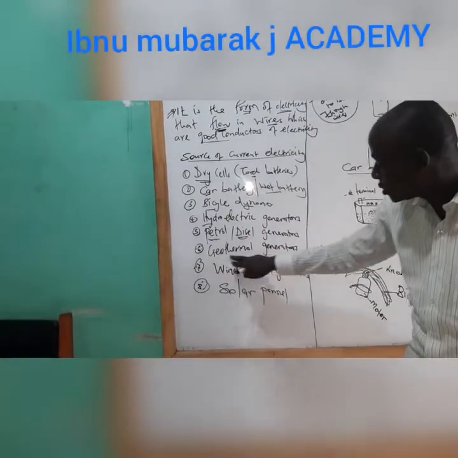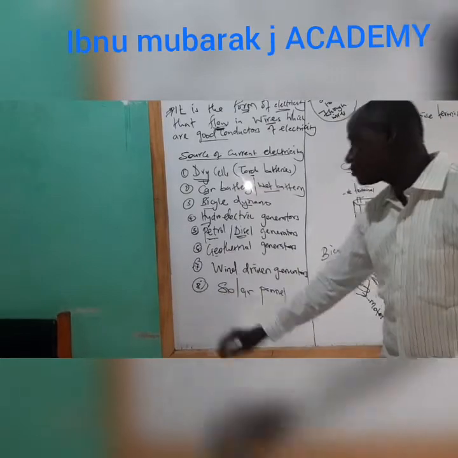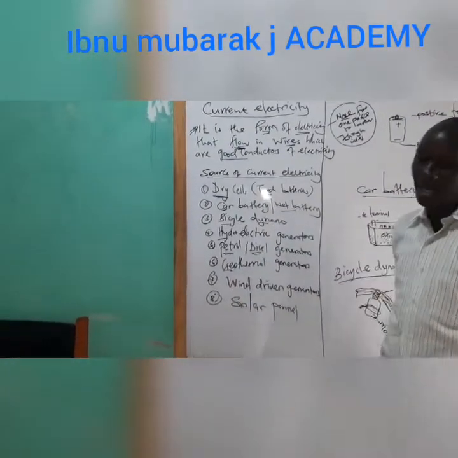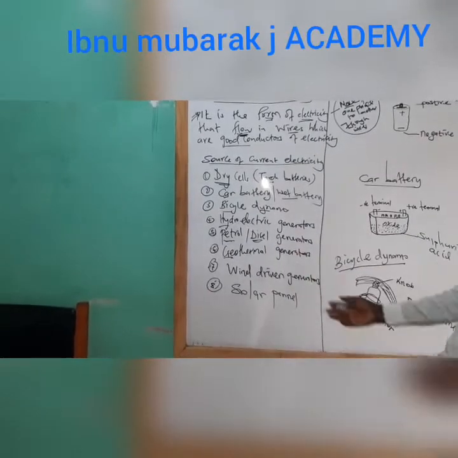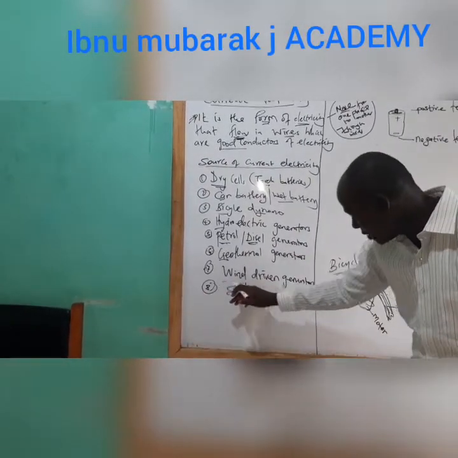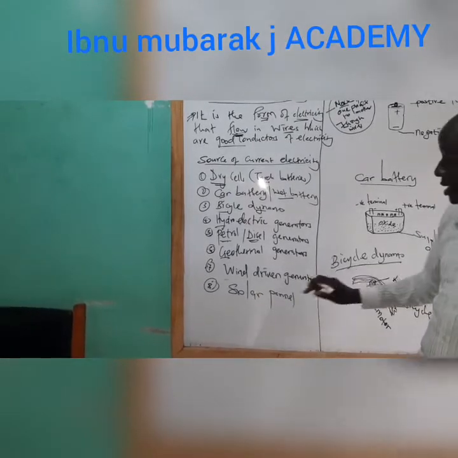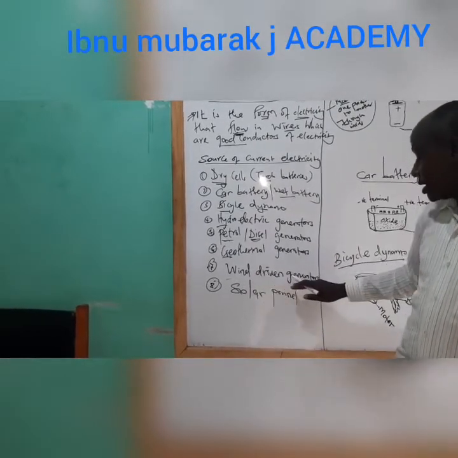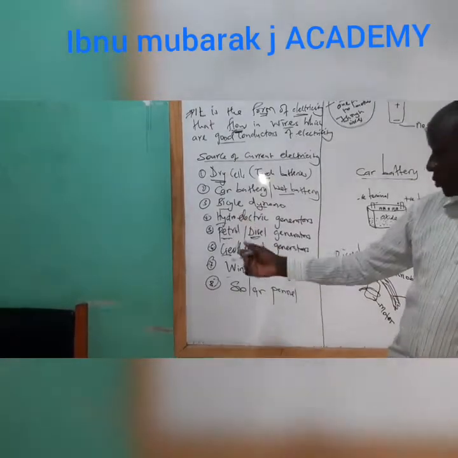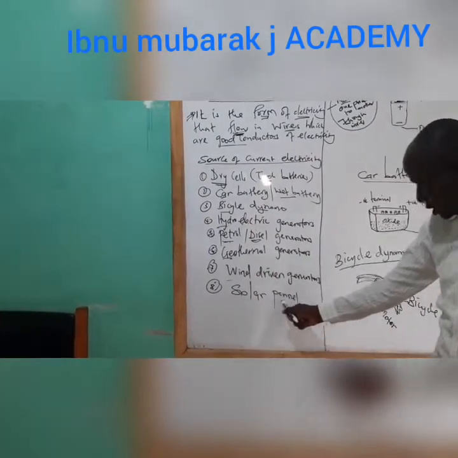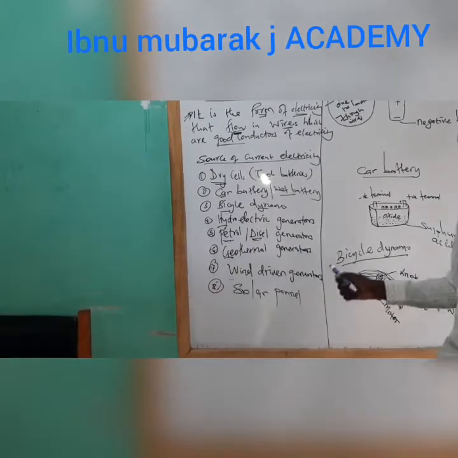And then we have geothermal. This one is another electricity that is produced from the earth. Geo means earth, produced from the earth. We are going to talk about it in depth. Then number 7, we have wind-driven generators. They are generators which are driven by wind, mostly found in Turkana. We are going to see this. Then lastly, number 8, we have solar panels.